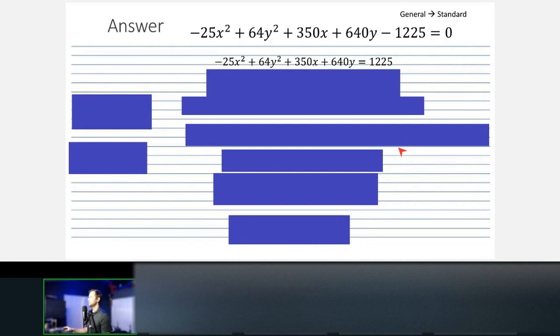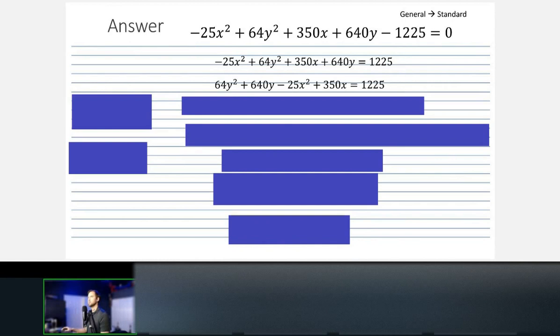Yeah, so we should have the y stuff, so if you're 64y squared, then you're plus 640y. And then followed by the x stuff. Yeah, so remember what I said.